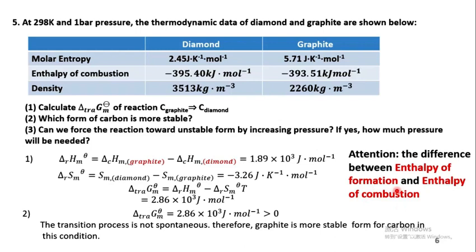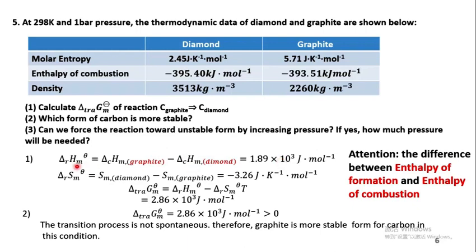If in the question we know the enthalpy of formation of diamond and graphite, the delta H of this reaction should equal the delta H of formation of diamond minus the delta H of formation of graphite. This is just the opposite of this equation.